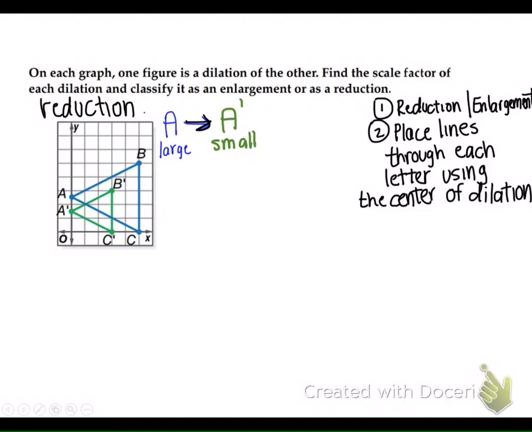In the context of our problem here, we're going to go ahead and just say that the origin is the center of our dilation, and it will be.